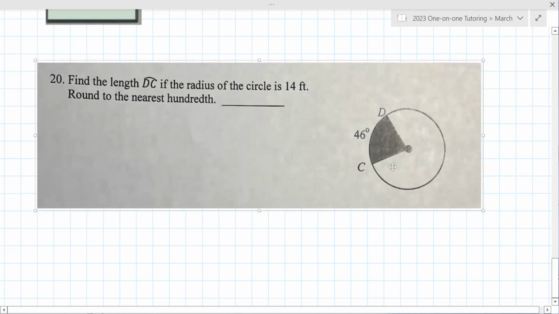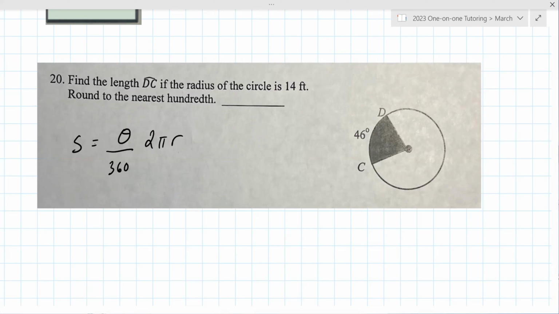Okay, find the length DC, if the radius of the circle is 14 feet, round to the nearest hundredth. So again, the circumference is 2 pi r, but we're not going all the way around. We're going some angle out of 360. That's your arc length there.